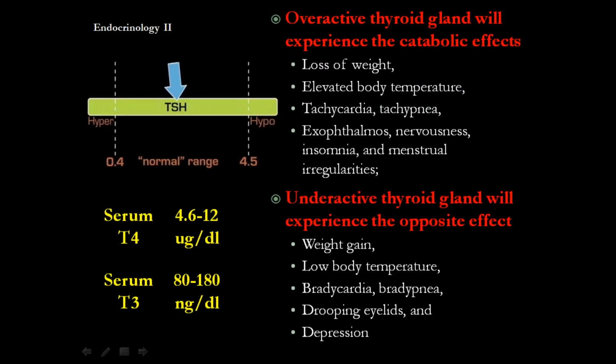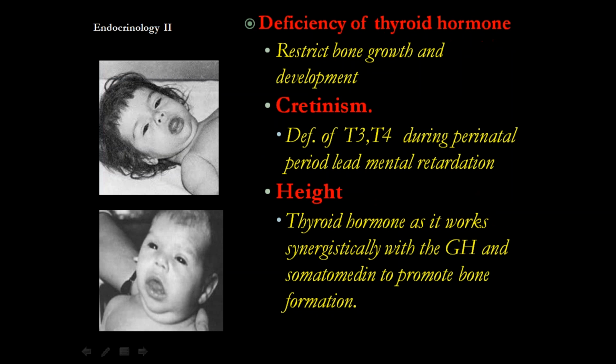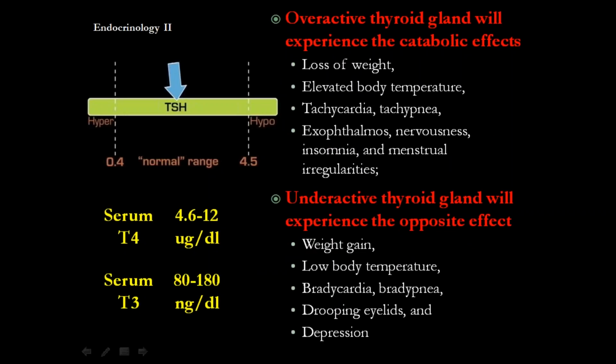Okay, so when you have too much T3 and T4, they are going to be in the catabolic state. Between catabolic and anabolic, when you have high levels of T3 and T4, they are going to be more catabolic. So they are going to have, for example, a loss of weight.